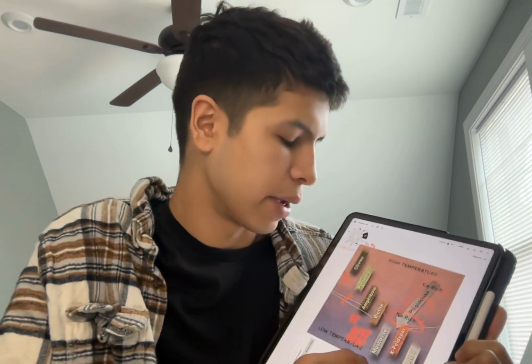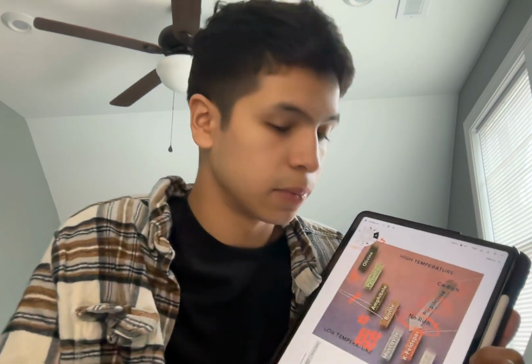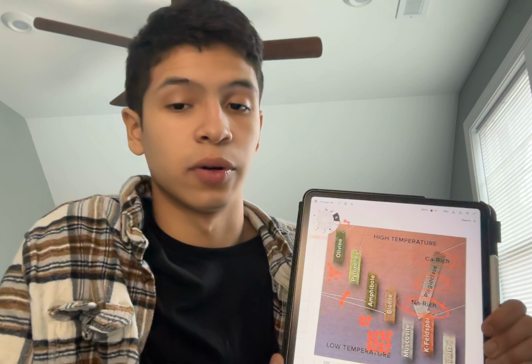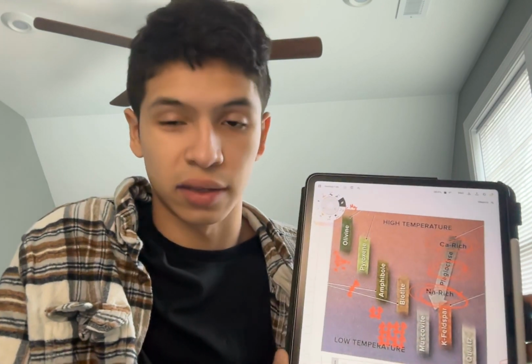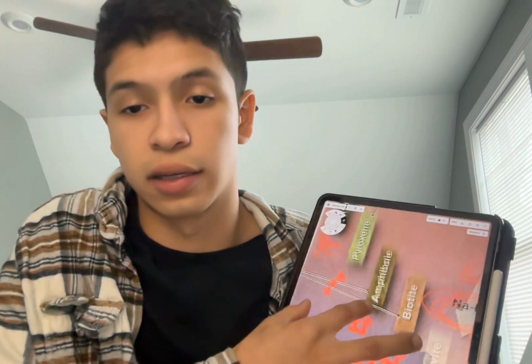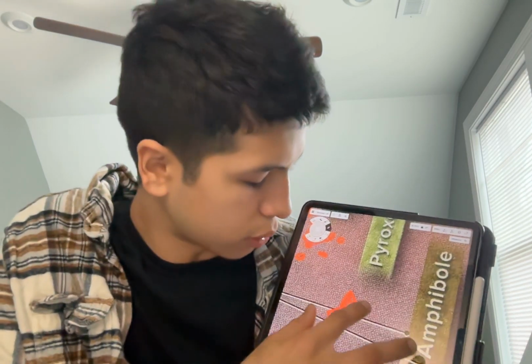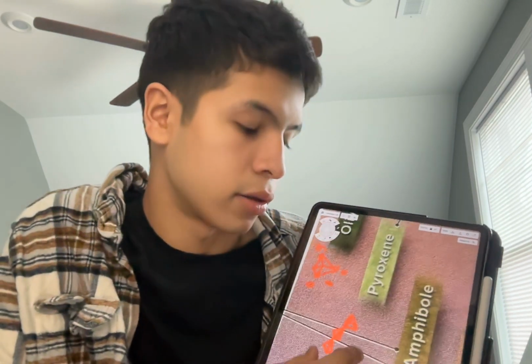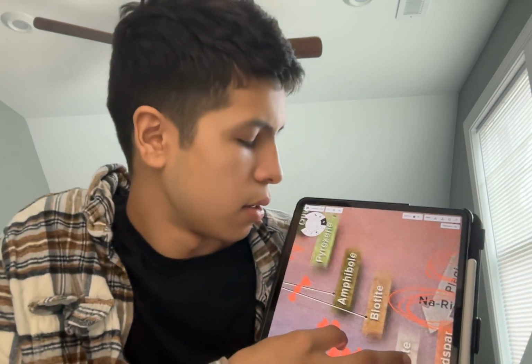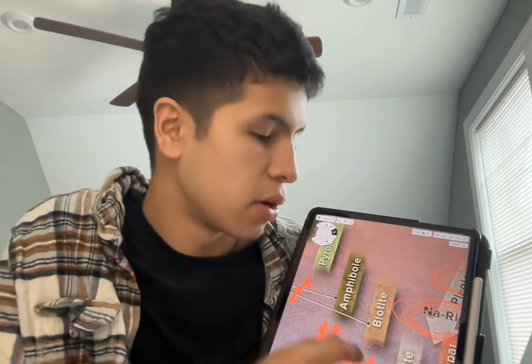After that, we have our pyroxene, which is also light green, but unlike our olivine, will have a single chain of silicate tetrahedrons, where the tetrahedrons have bonded to each other. Then we have our amphibole.